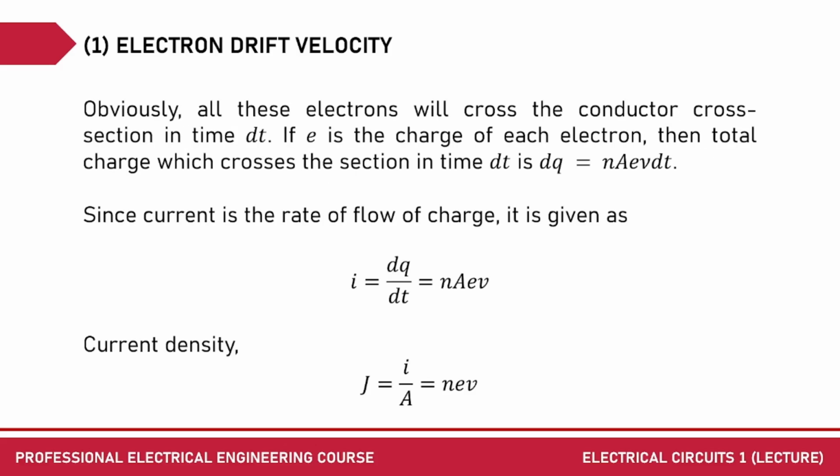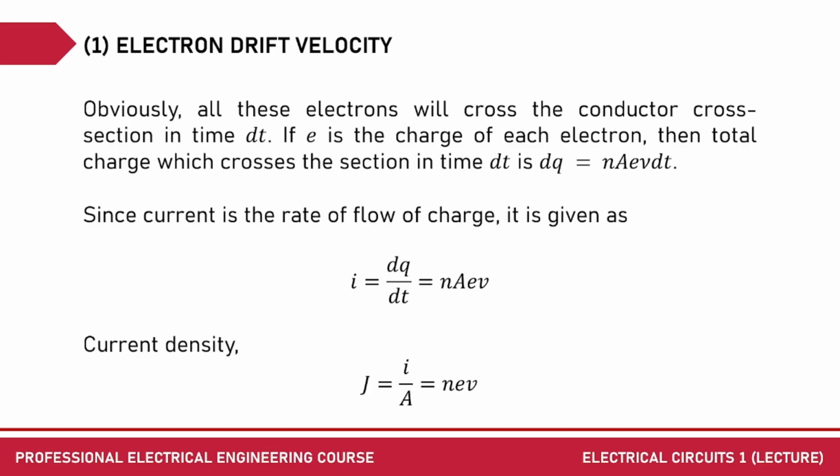Now regarding this, all these electrons will cross through the conductor cross section in time dt. Now, if e is the charge of each electron, remember in your electromagnetism, then the total charge which crosses the section in time dt is dq equal to N A e V dt.